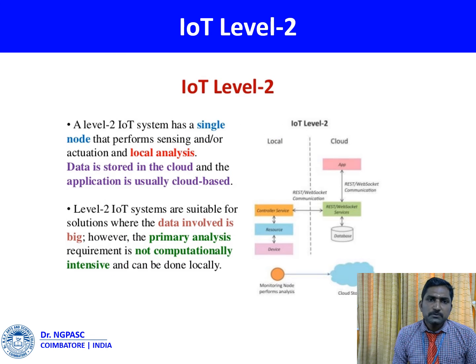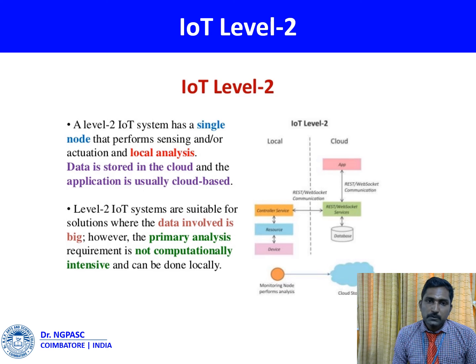Level 2 has a single node. It performs sensing or actuation, using local analysis. Data is stored in the cloud and the application is usually cloud based. You can introduce the cloud concept for storing and processing your data.